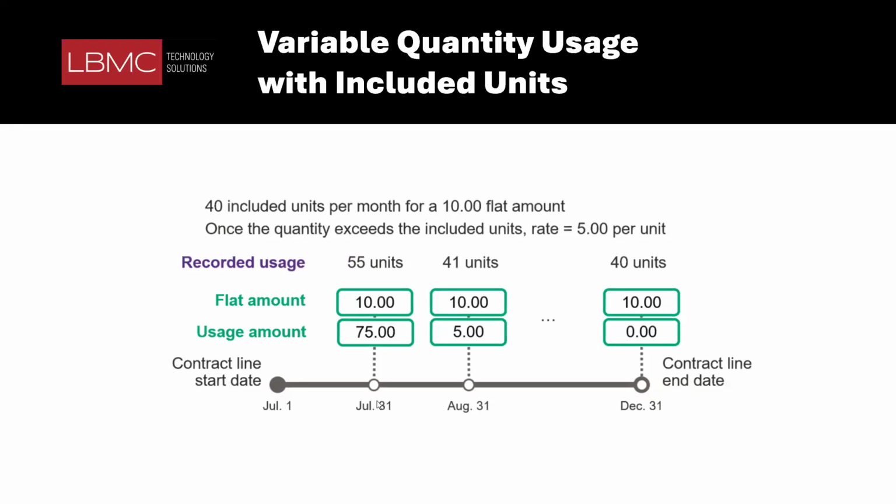Now, because we have an included amount that we know that we're going to invoice each month, regardless if they use it or they do not, there is an element here that we can set up a deferred schedule for. For the 40 included units per month, we have $10 that we're billing. We know $10 every month we're going to be billing out.